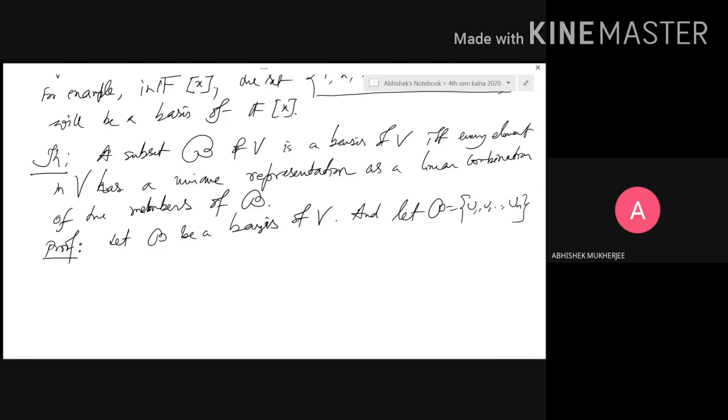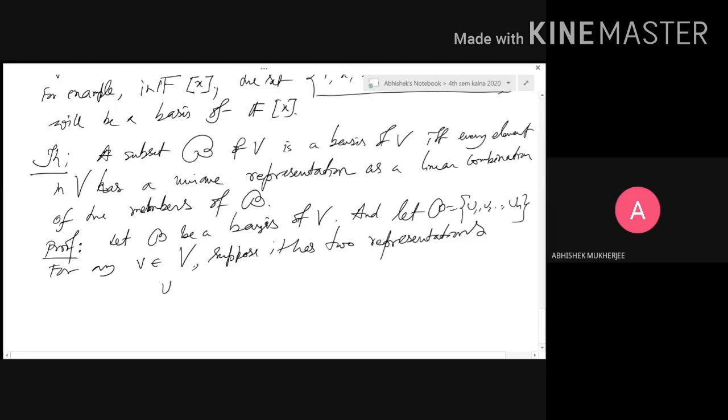Then for any vector v belonging to the vector space V, suppose it has two representations.